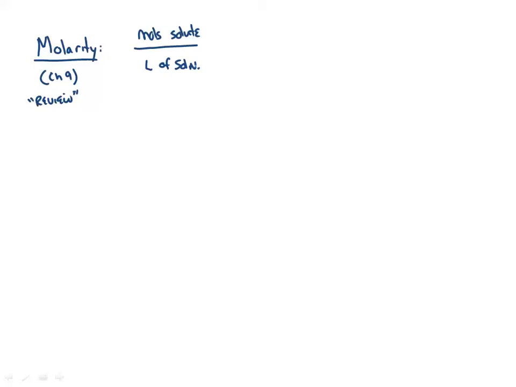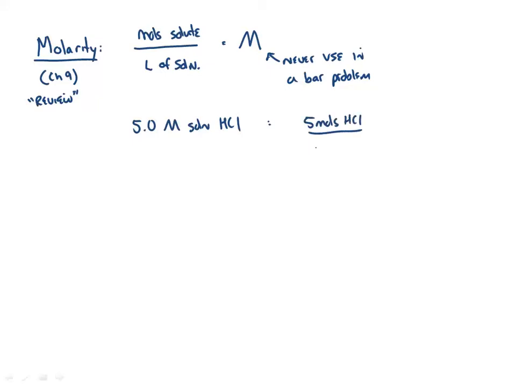So we have molarity, and on Tuesday or Wednesday, we'll probably talk about molality, which is another set of units. We generally abbreviate molarity with a capital M. But remember, never use it in a bar problem. So even though we write, for instance, that we have a 5.0 molar solution of HCl, in a bar problem we'd say that we have 5 moles of HCl per liter of solution. So that's how we use that as a conversion factor.